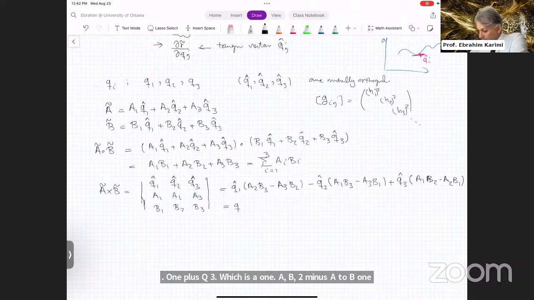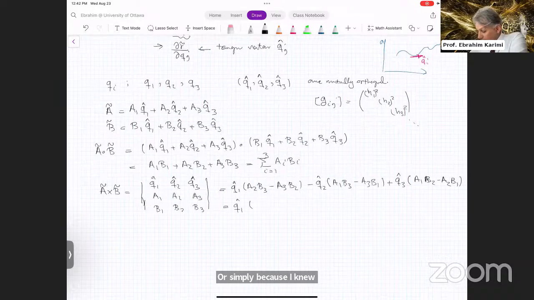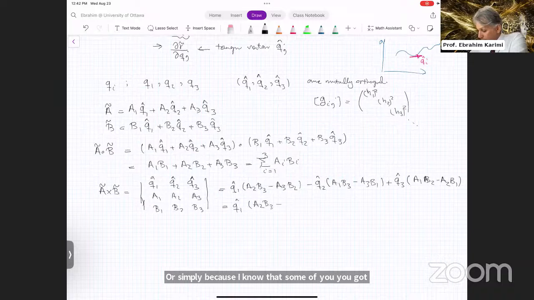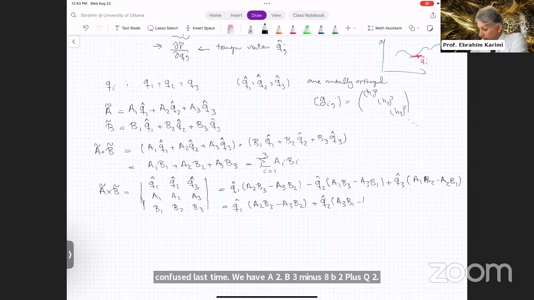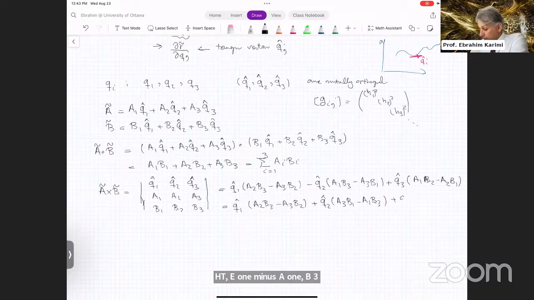Or simply, because I know that some of you got confused last time, we have A2 B3 minus A3 B2, plus Q2 times A3 B1 minus A1 B3, plus Q3 times A1 B2 minus A2 B1. Okay.